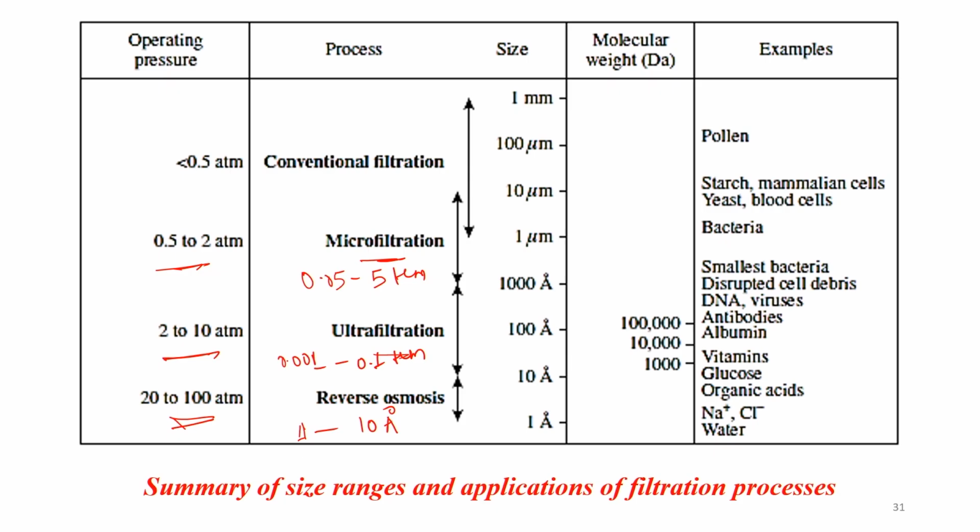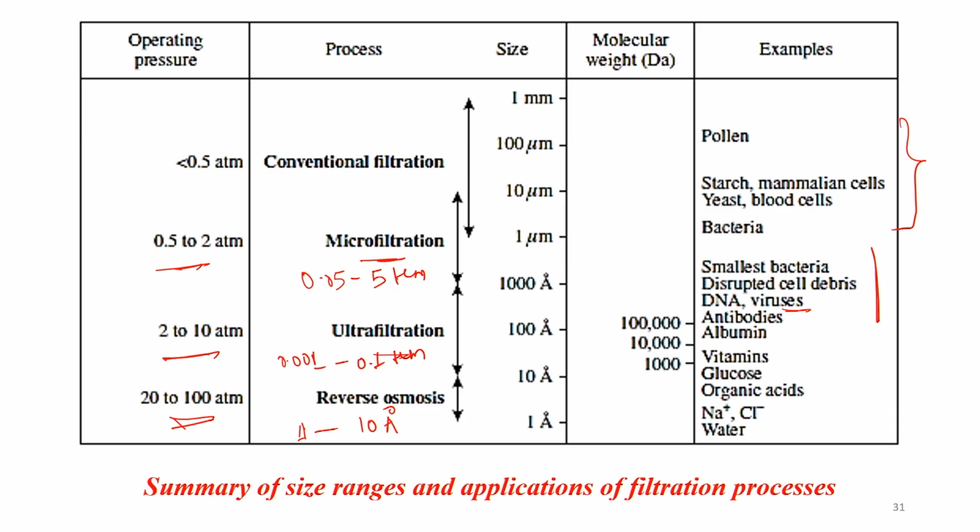And you can just see the examples of what they can separate, and based on that their applications are decided. Like microfiltration, it is more suitable for cell removal and clarification. There are different types of cells, but when you go for ultrafiltration, it is suitable for protein separation and concentration, or even for virus removal or nucleic acid separation.